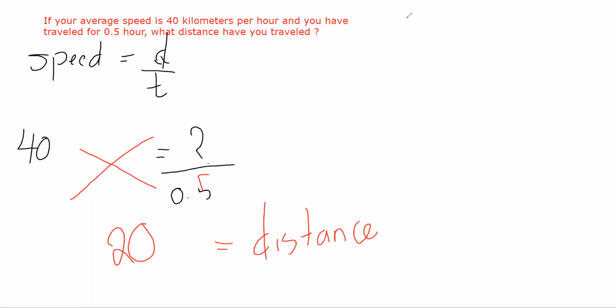Now 20 what? What's the unit? Who can tell me? Kilometers. Thank you. You have 40 kilometers per hour, and the time is in hours, so the distance will be in kilometers. The distance here is 20 kilometers.